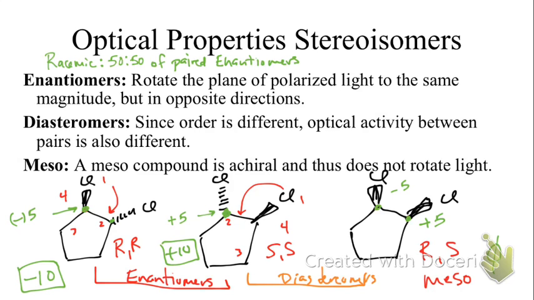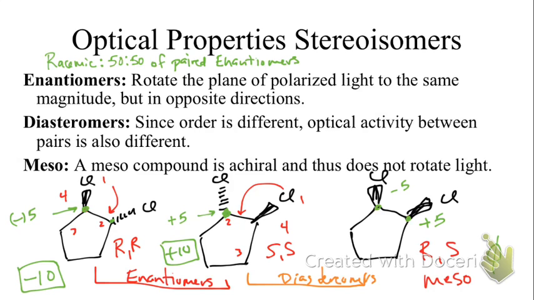Could we determine the optical activity when we're comparing diastereomers? We've changed the order for each of those individual things. If we didn't know that the compound on the far right was a meso compound, we wouldn't necessarily be able to predict its optical activity in comparison to our middle one or either of the enantiomers, because we've changed the atom orientations.